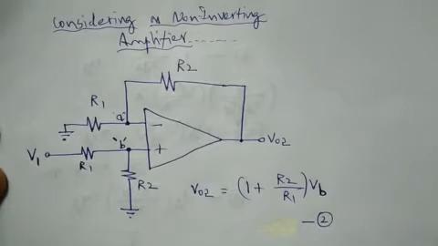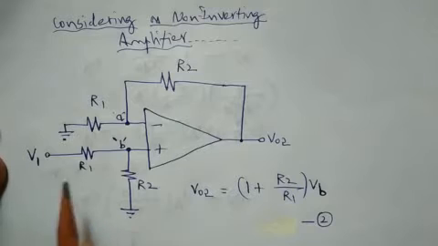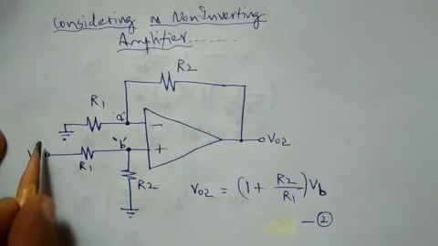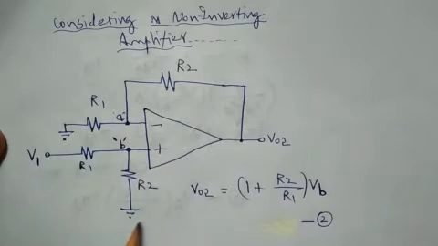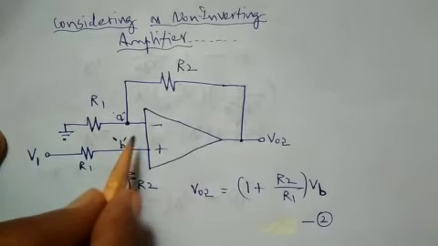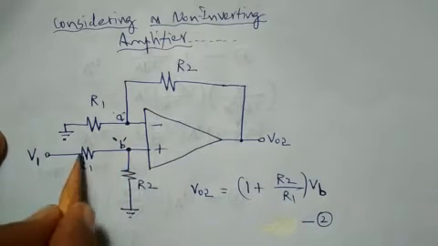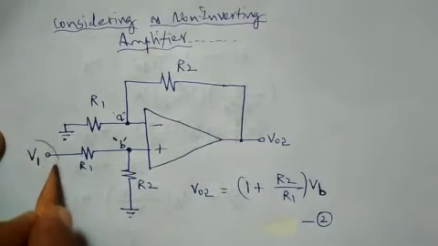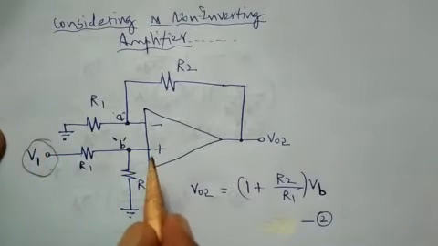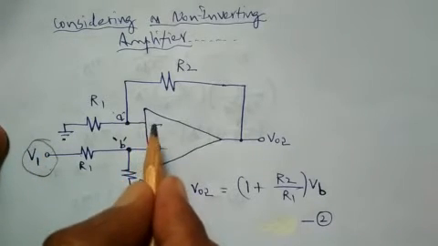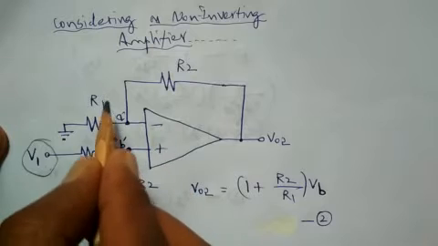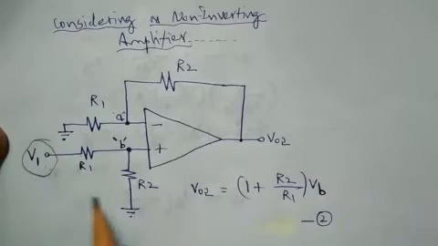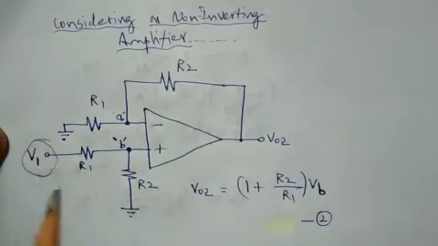Similarly, by considering the differential amplifier as a pure non-inverting amplifier, we use the components as they are in the differential amplifier, that is R1, R2, node B, and the input to the non-inverting terminal is V1. Similarly, we ground the inverting terminal's R1 accordingly. So this amplifier becomes a pure non-inverting amplifier.